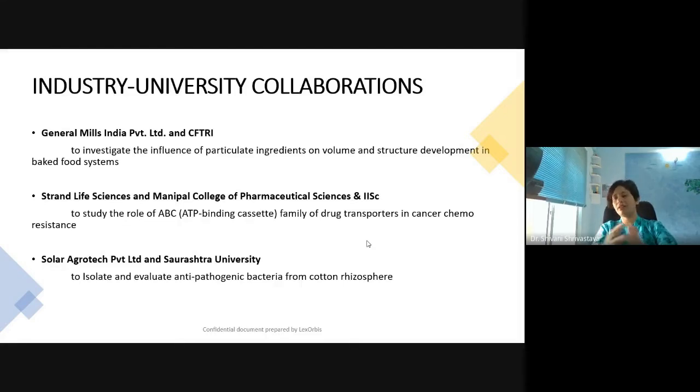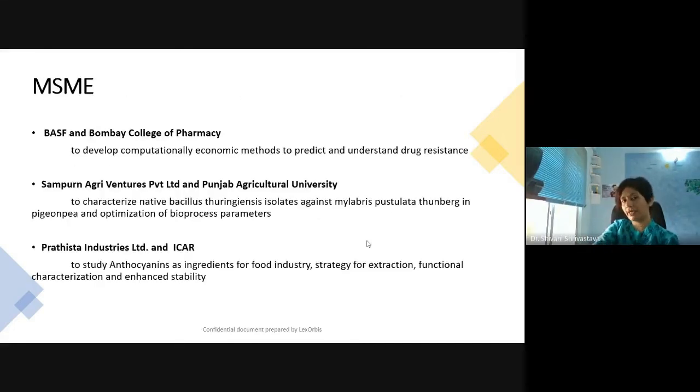For example, in research organizations, when we are doing research on a project, we get funds from a ministry, for example the Department of Science and Technology or the Department of Biotechnology. So that can also be a collaboration, where industry collaborates with a university to help on one specific project. Otherwise, they can focus on a particular technology as well.